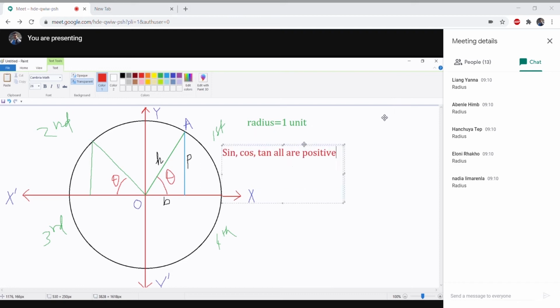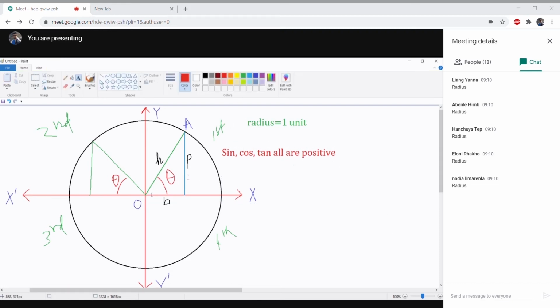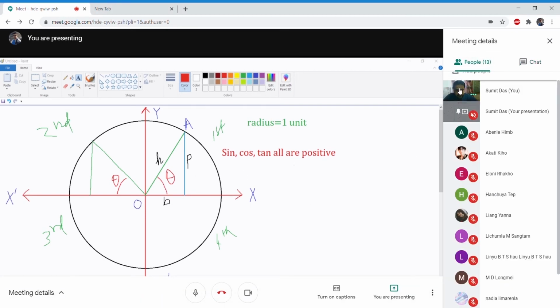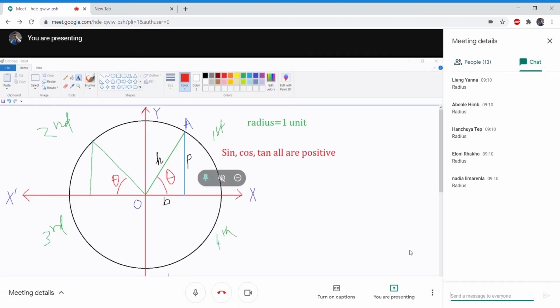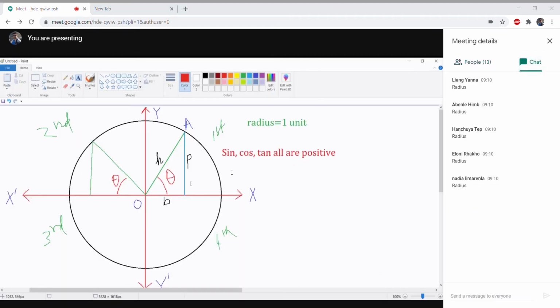Because look, in the first quadrant, this OA line is the radius, and all are positive values, plus plus.